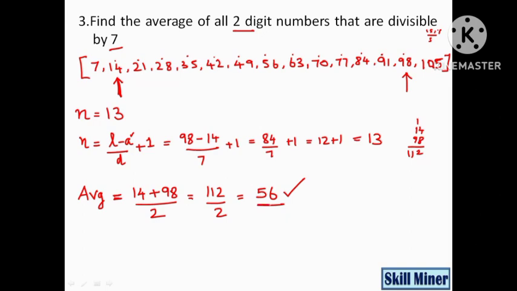Guys, what I have done in the question: it's asking to find the average of all two-digit numbers that are divisible by 7. So for that, you write the seventh table. In that, you pick the first two-digit number and the last two-digit number. Okay. Now count manually, which means 1, 2, 3, 4, 5, 6, 7, 8, 9, 10, 11, 12, 13.